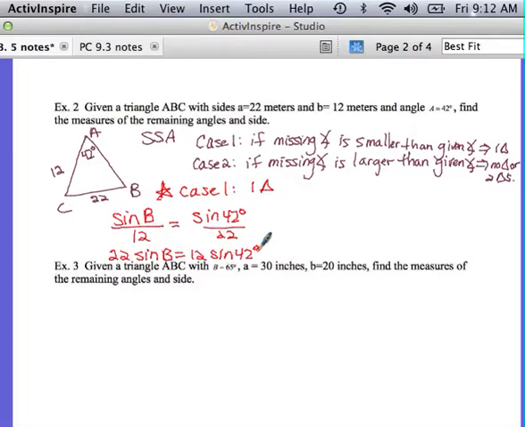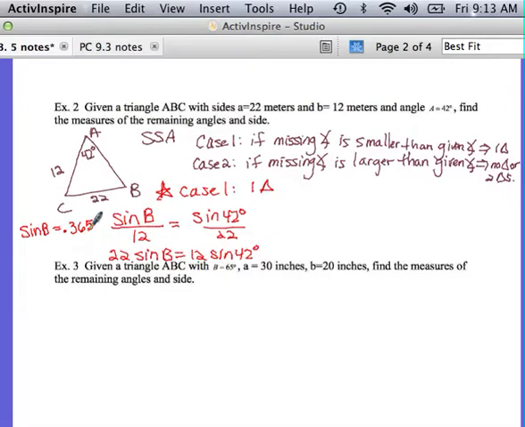So you're right, I can divide by 22 to both sides, but that's still not going to give me the angle. Your mode should still be in degree mode, so we're going to take 12 times the sine of 42, and divide by 22. That's giving me the sine of B equals 0.365.